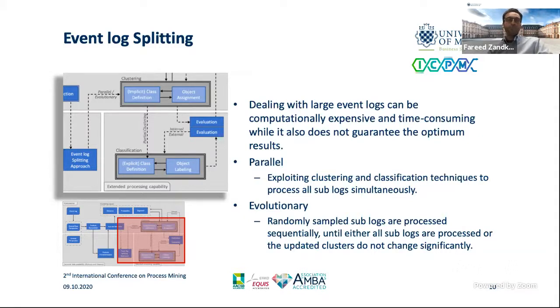As far as we are informed, event log splitting approach is not implemented in the literature, but we included it in the framework because it's an established technique in data mining, which we propose and recommend for future research, especially when dealing with very large event logs.